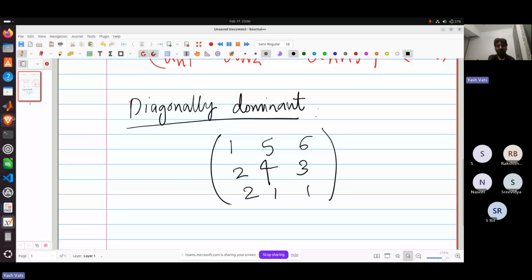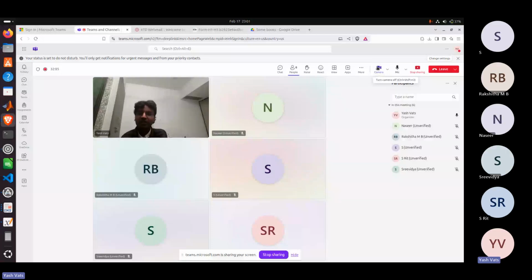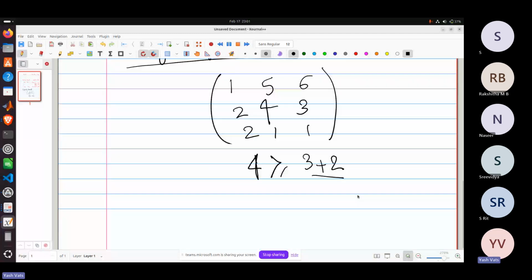Anyone? Here you see 4 should be greater than or equal to 3 plus 2, but it is not, so it's not diagonally dominant.